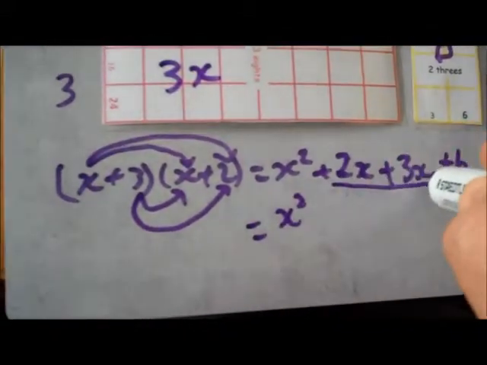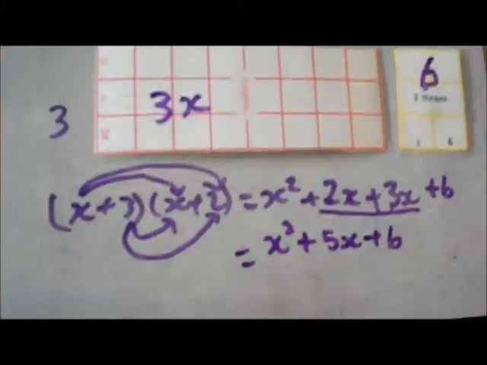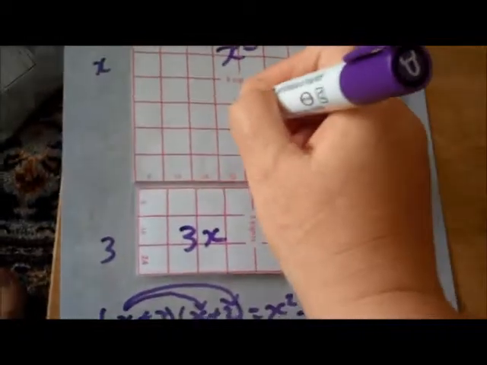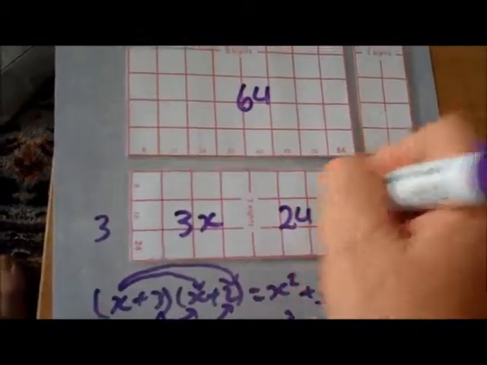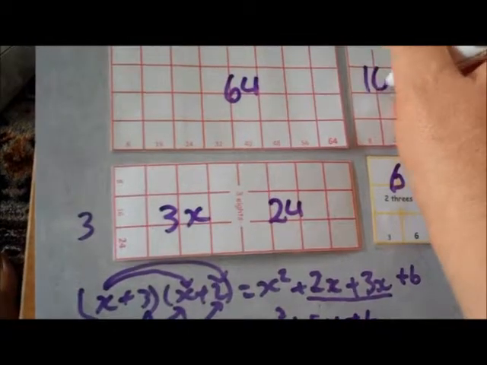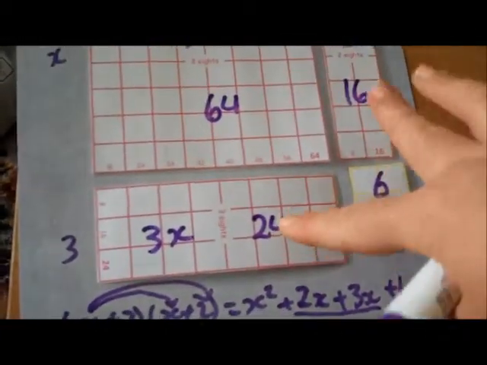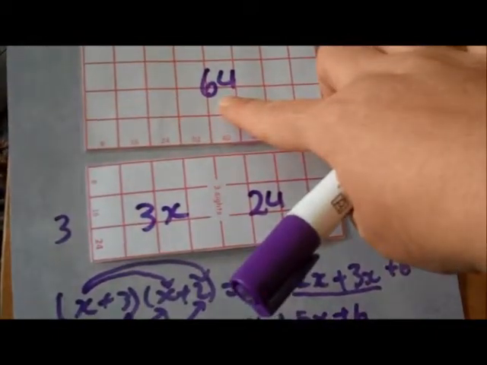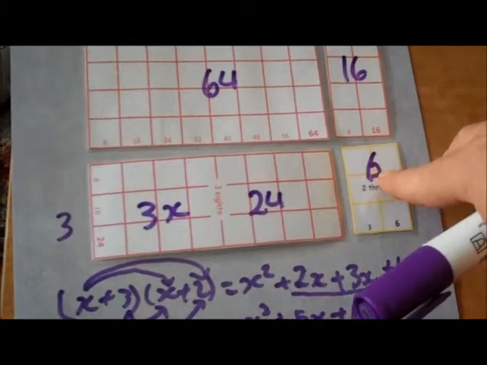These two terms are like terms. So for my example, I've got 64, 3 eights are 24, 2 eights are 16, and I've got my 6 here as well. So if I add these two together, I'd get 40, plus 64 is 104, plus 6 is 110.